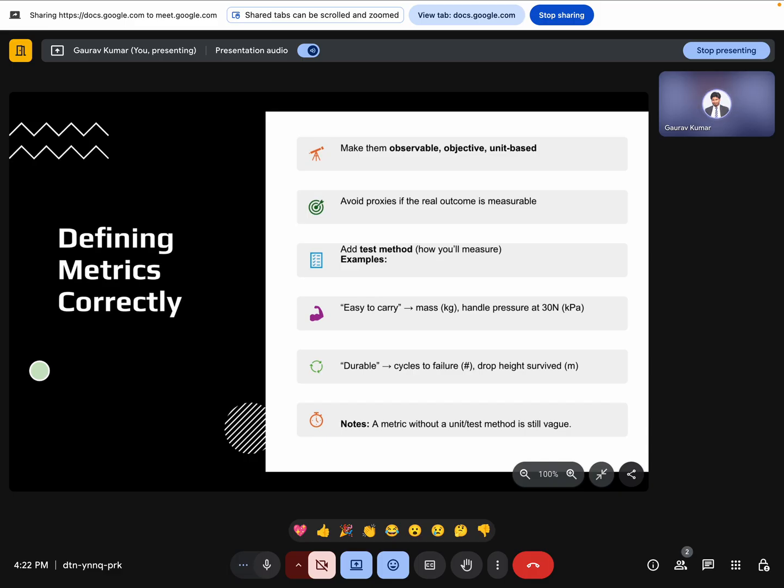I ensure experimental hygiene: consistent surface, humidity, and footwear, calibrated instruments, and repeated trials, so results are trustworthy. A metric without a unit or a test method remains vague and cannot guide design.